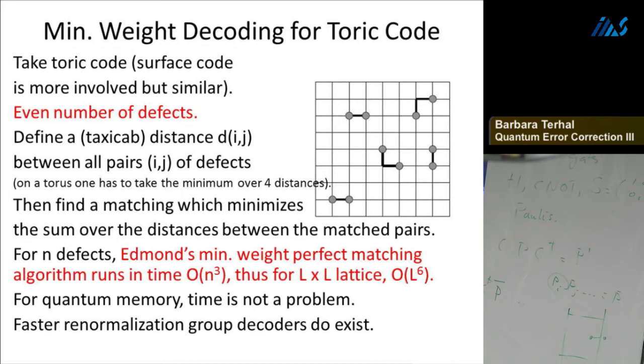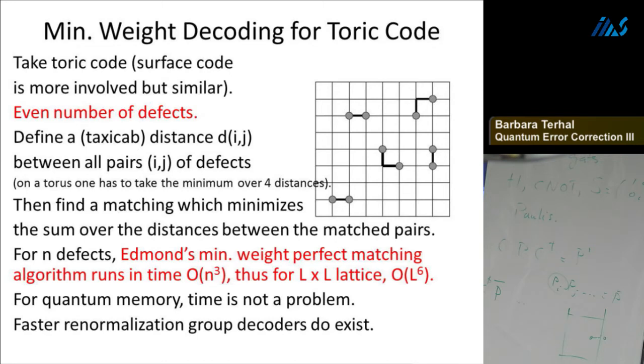And they're the following procedure, where you say, well, I kind of divide the lattice up into blocks and into cells, and I start with a very small cell, and I see if in such a cell there are an even number of defects. And if there are an even number of defects, I pair them up. And that just cost me some order 1 time to do that, because it's a small cell. And if there's an odd number of defects, or say there's only 1 defect, I have to pair that guy up with another cell.